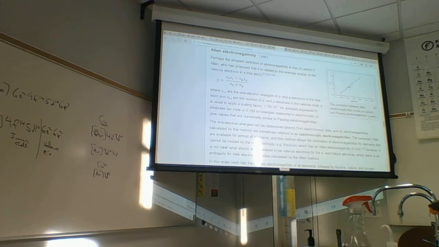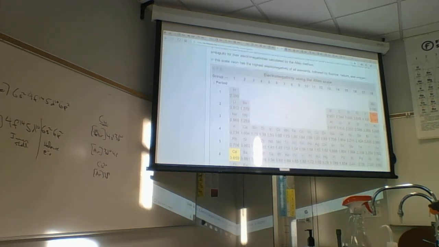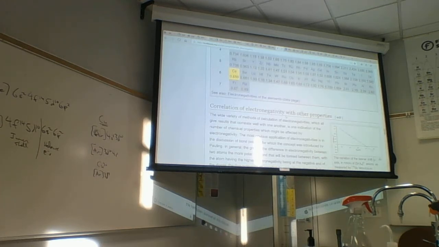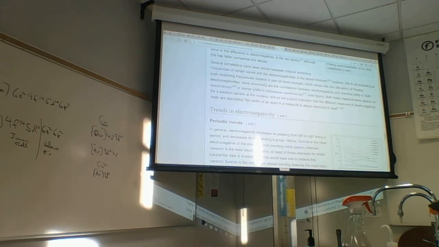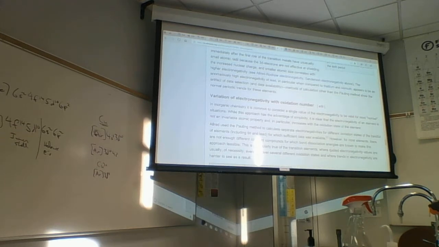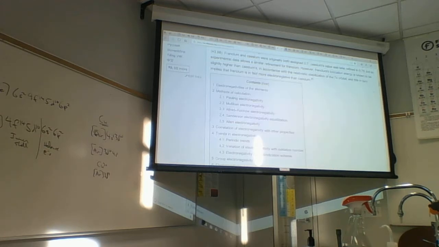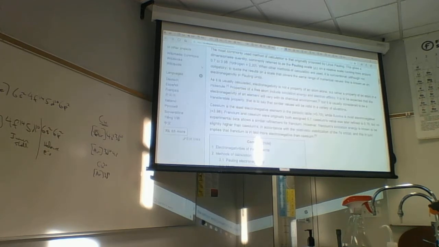They're different here. These are the Allen values. So the actual numbers would be given if you need them. Okay, other questions on them?